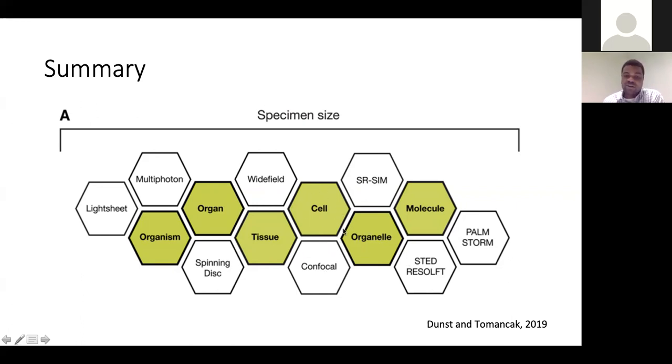At the cellular level, we have the Widefield, confocal, and the SIM, and this can help you identify that object. At the tissue level, Widefield, confocal, and a spinning disk can do a similar thing. And at the organ and organism level, you have the multiphoton and then the light sheet.